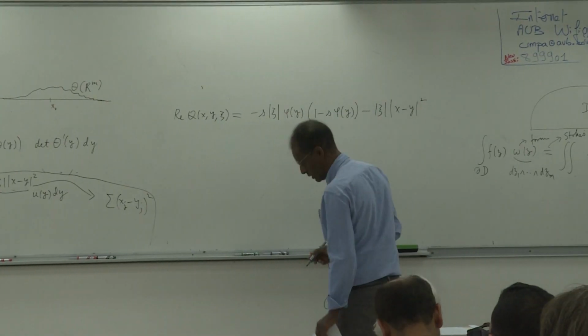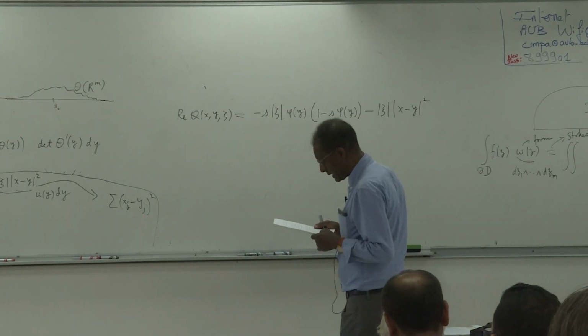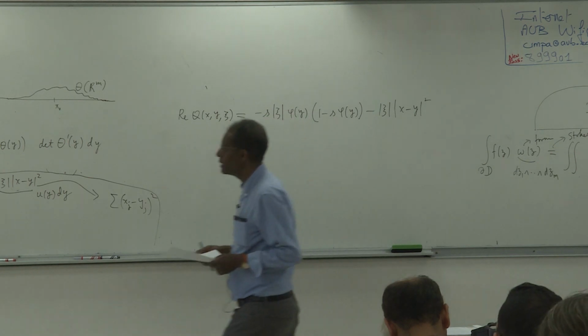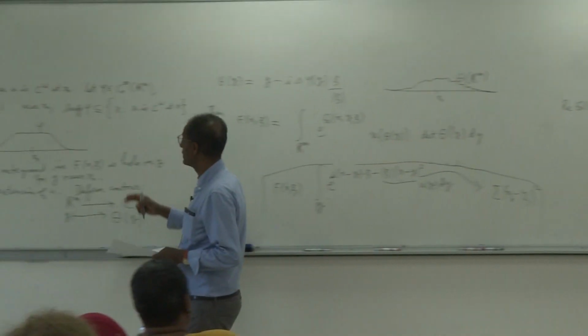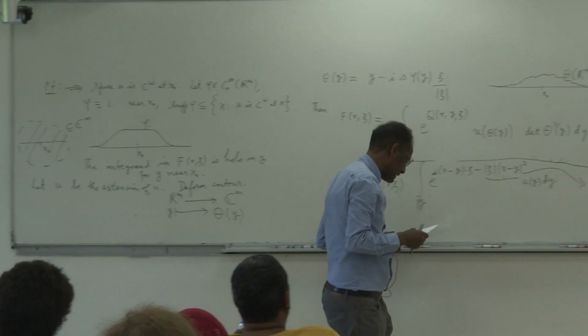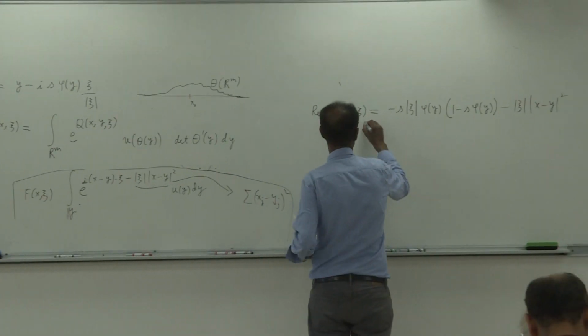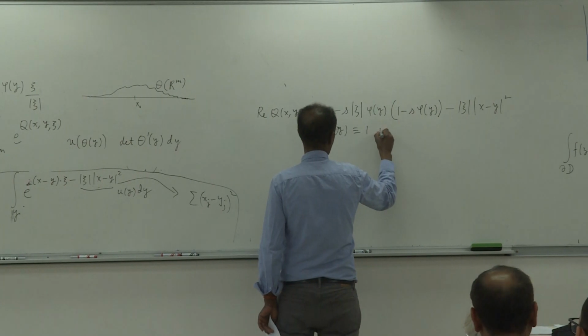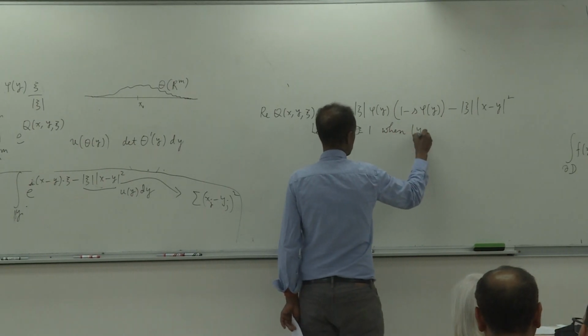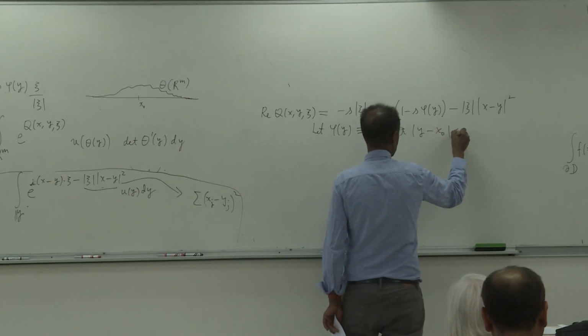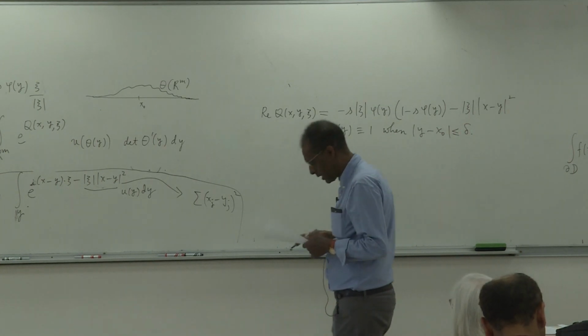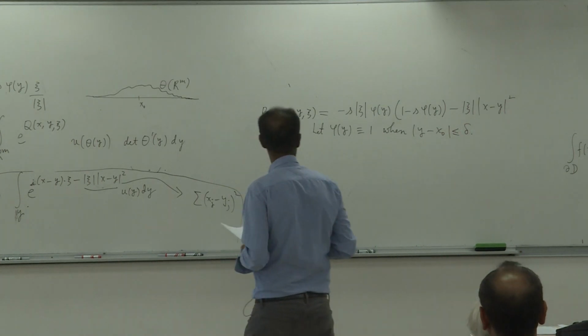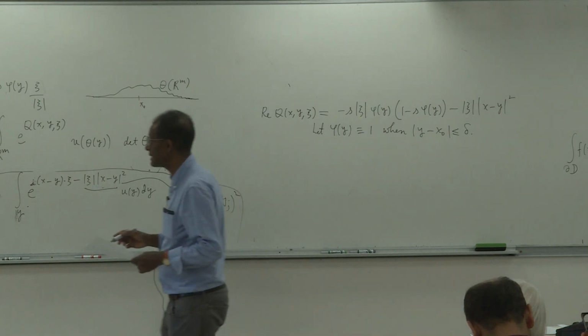So why do I get a decay? Now I said phi was 1 near x naught, so let me be more precise. Let phi of y be 1 when norm of y minus x naught is less than or equal to some delta. And then S, I didn't tell you what S is.